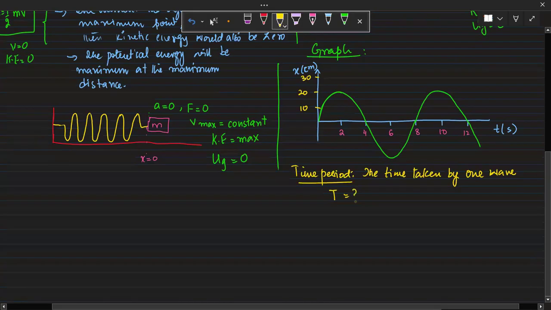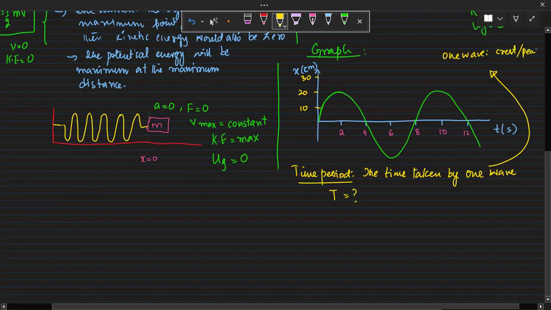Now you're going to find the time period. Time period means, for one wave, how many seconds has it taken to complete? One wave means one crest, or you can call it a peak, and one trough.